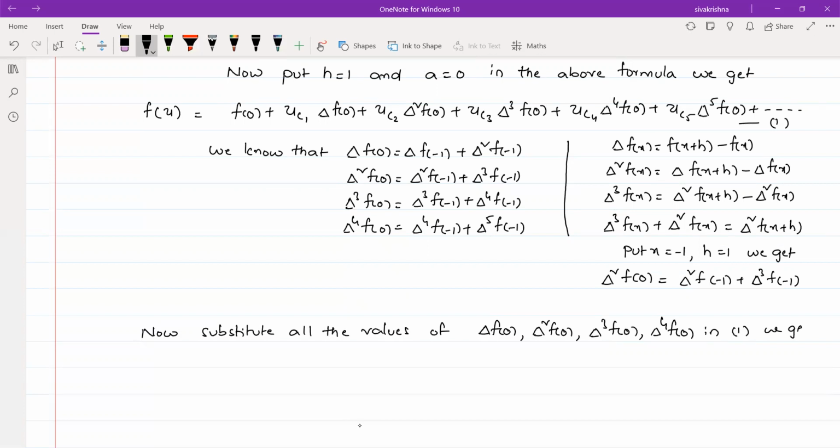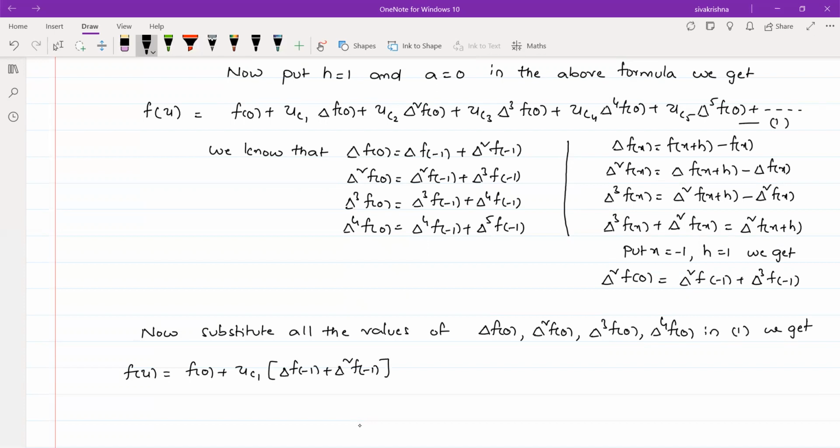So we get f of u is equal to f of 0 plus uc1 into, in place of delta f of 0 we have to write delta f of minus 1 plus delta square f of minus 1.